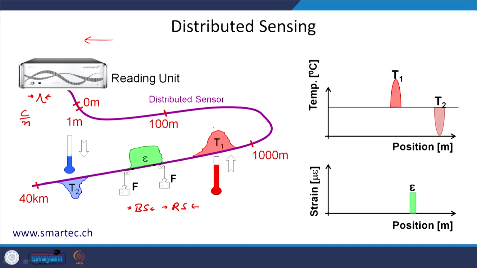Now, suppose you increase the temperature here, what will happen? It will show a change in scattered light, and you can measure the position of this change by measuring the time of flight. So, by time of flight you can say the position where this is occurring. That is how distributed sensing works.